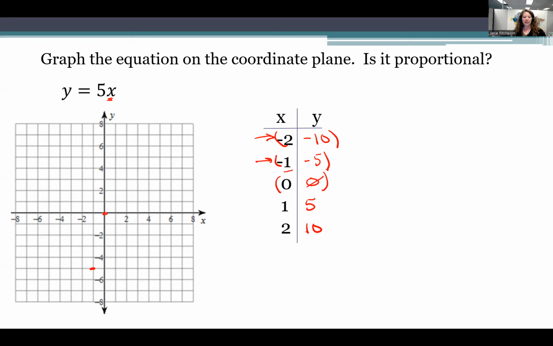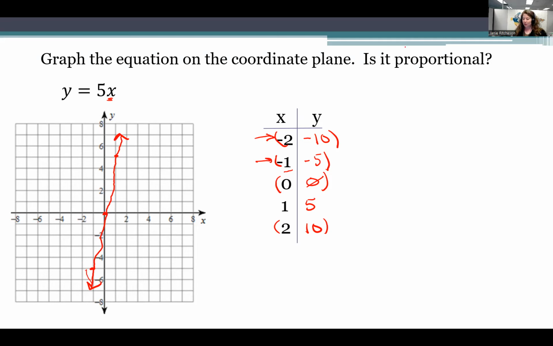I can graph 1, 5: go right 1, up 5. And once again, we don't have a +10. So I'll connect the dots, and I'm going to fail. Oh my gosh. Okay, just pretend I have a ruler, and that's a very straight line. Obviously, I'm so bad at writing with this pen and slate.